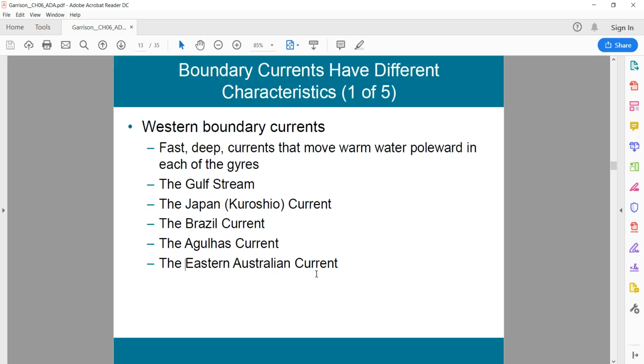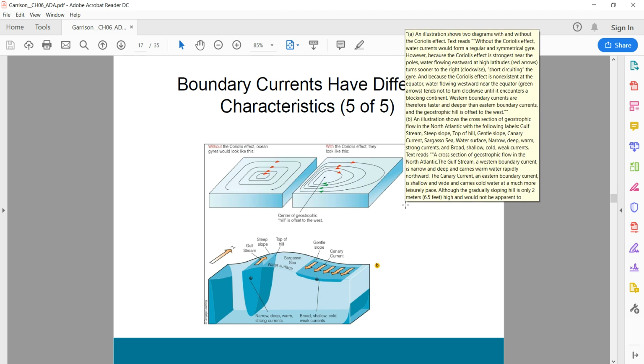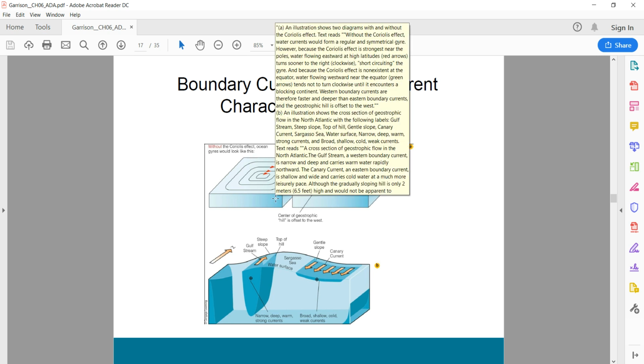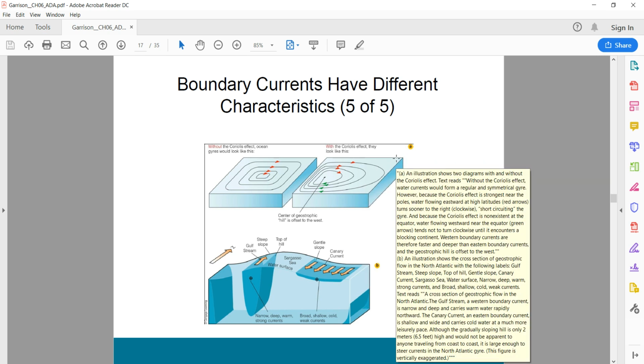This is showing the effect of the Coriolis effect, how the water changes its course in the gyre. If there was no Coriolis effect, this would be a perfectly circular rotation, a very symmetrical movement of these different currents in a gyre. But due to the presence of the Coriolis effect, as we move northwards from the equator, that effect becomes more dominant.